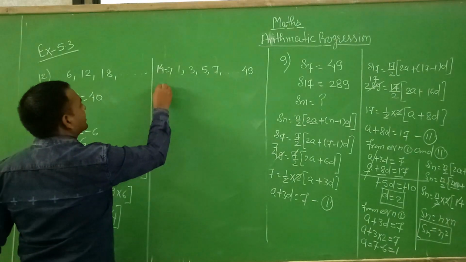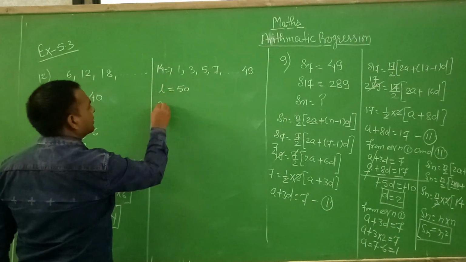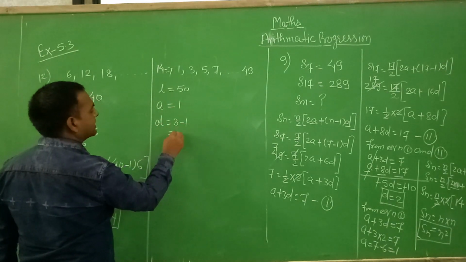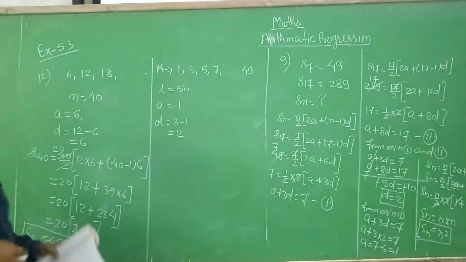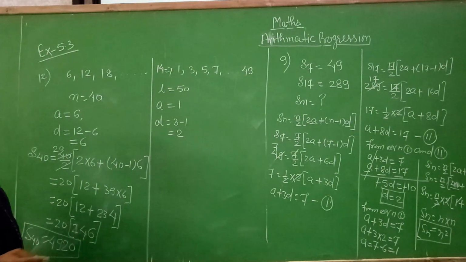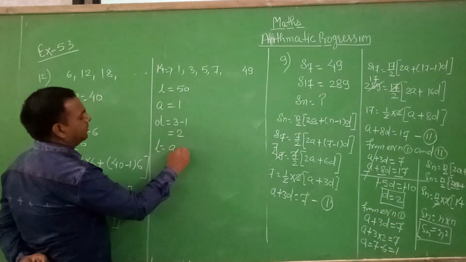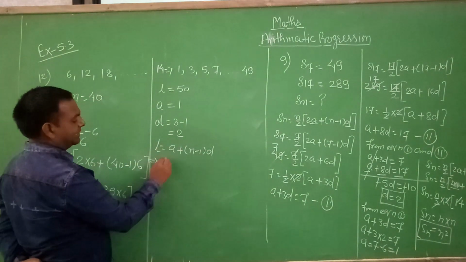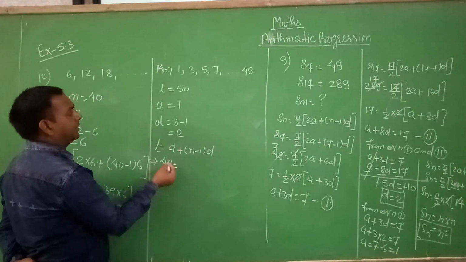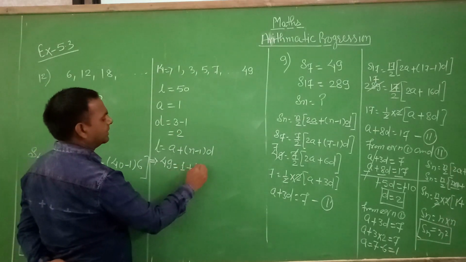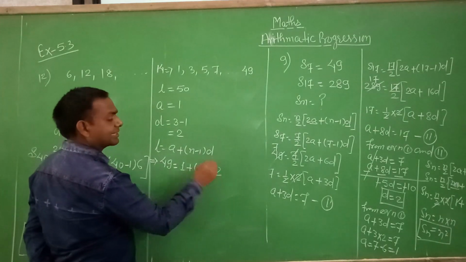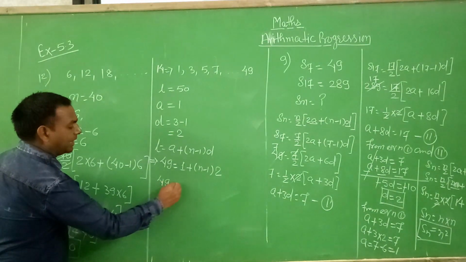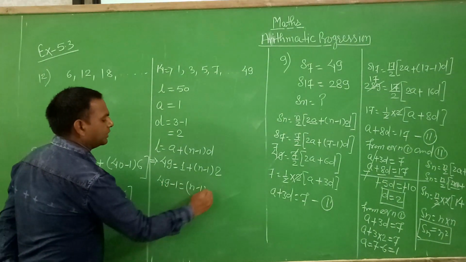Here the last term L is equal to 49, the first term a is equal to 1, and the common difference d is 3 minus 1, which is equal to 2. First you find the number of terms, n. You apply the formula L is equal to a plus n minus 1 into d. The last term is given as 49, equal to a, the first term, which is 1, plus n minus 1, and d, the common difference, is 2. Putting in the values, 49 minus 1 is 48, equal to n minus 1 into 2.